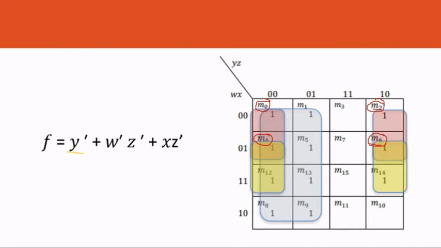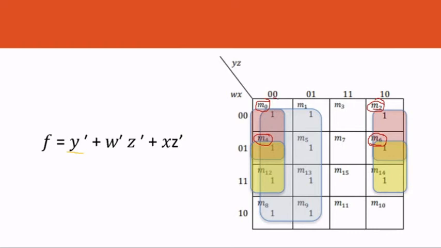And now let's look at the value of Y and Z. So the value of Y for minterm 0 is 0. But if we look at the value of Y for minterm 2, that is 1. So they have different values of Y. So Y will be cancelled out.